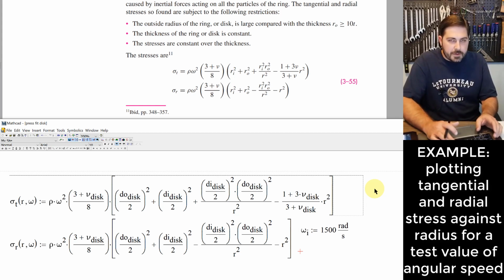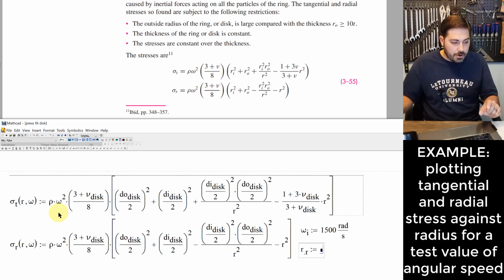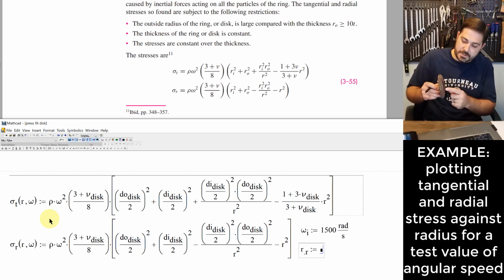The other thing I'm going to do here is I'm going to establish a range variable, let me call it r sub r. This range variable is going to describe the range over which r can legitimately vary. So in other words, r has to start wherever the disk starts and has to end wherever the disk ends.